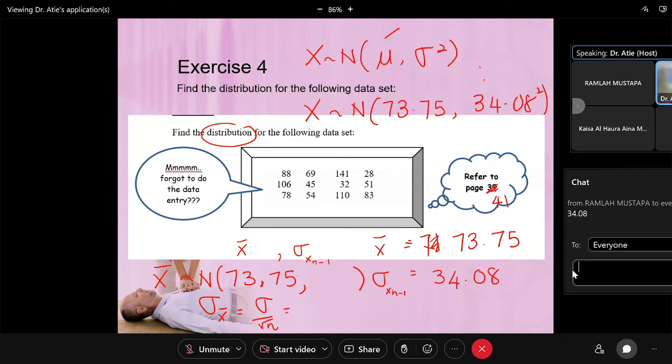So usually we use the S instead of sigma. So actually the concept will be the same. So then we have 34.08 divided by square root of n, where n here is actually 12. So can someone give me the answer?